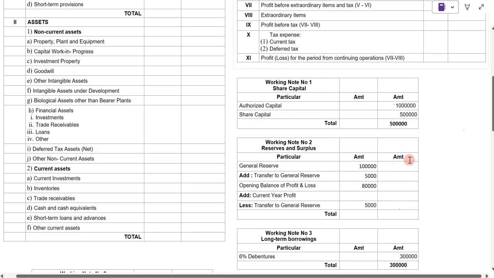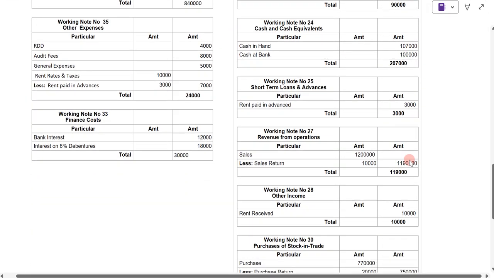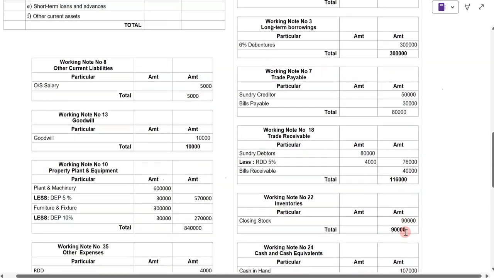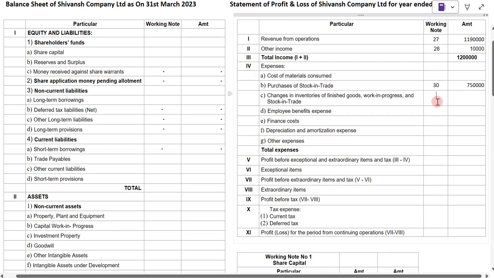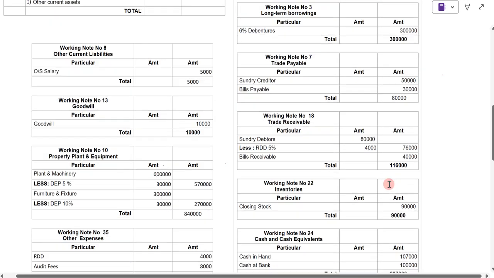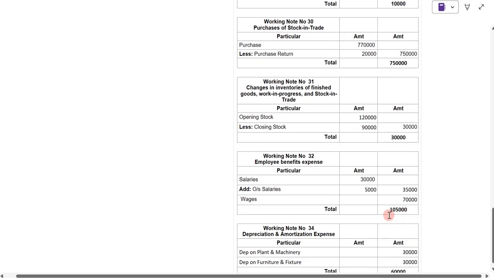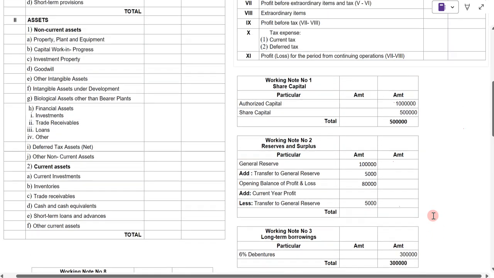After that, change in inventory, note number 31, the total is 30,000. Employee benefit expenses, note number 32, total is 1,05,000.